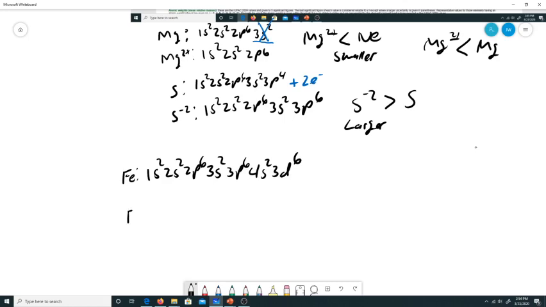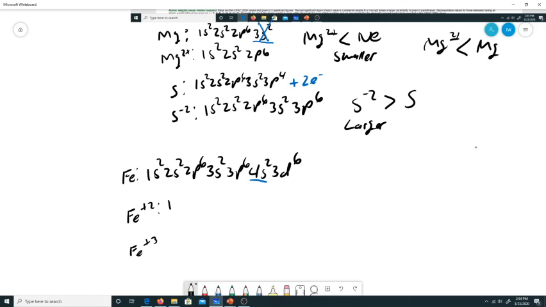Iron can be positive 2, and iron can be positive 3. Again, when it comes to cations, we're going to take electrons away from the highest value of n first. So the highest value here is going to be the 4s. So the iron plus 2 comes from taking 2 electrons away from iron, taking them away from the 4s energy level.